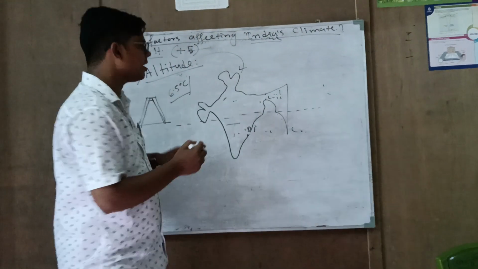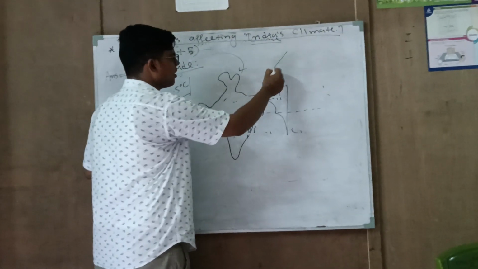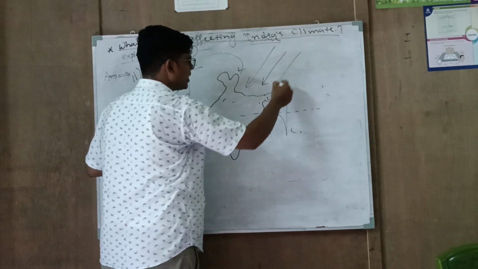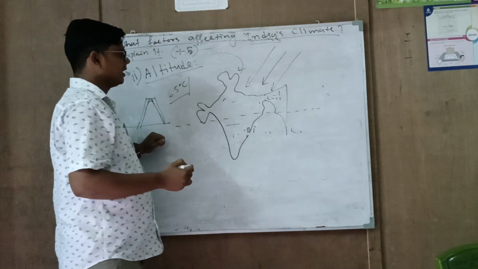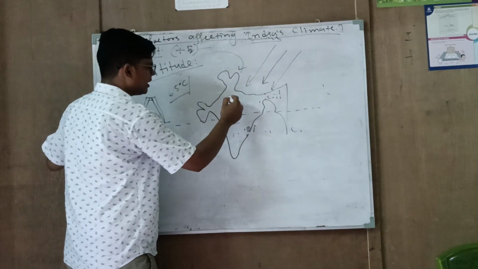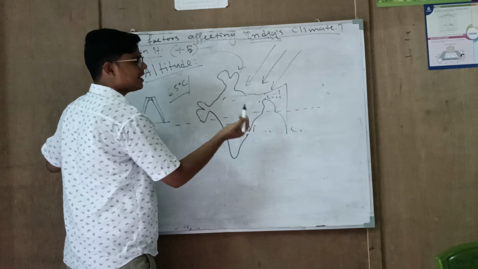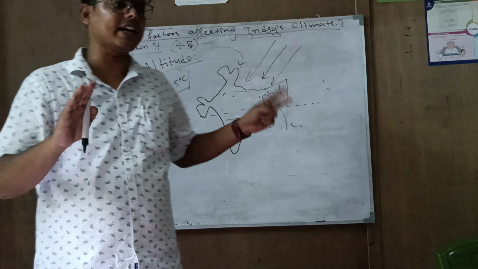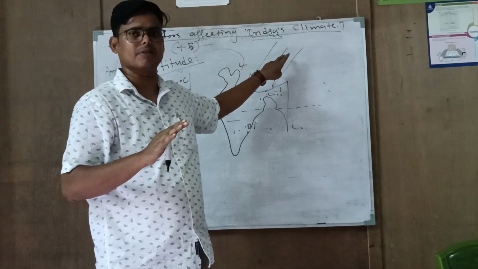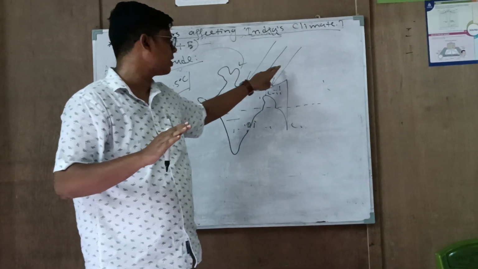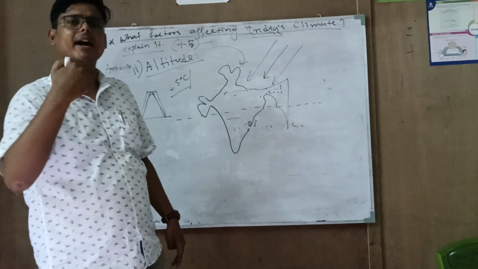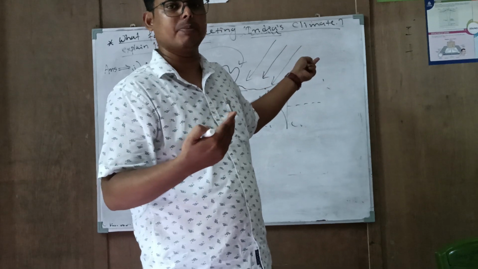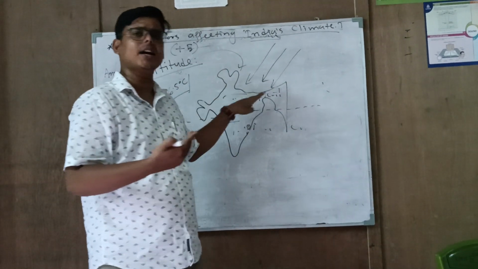Therefore, these Himalaya mountains protect us from the Siberian winds. So the Indian winters are not extremely cold like Central Asia or Siberia. Indian winters are milder compared to Central Asia because of the Himalaya mountains.